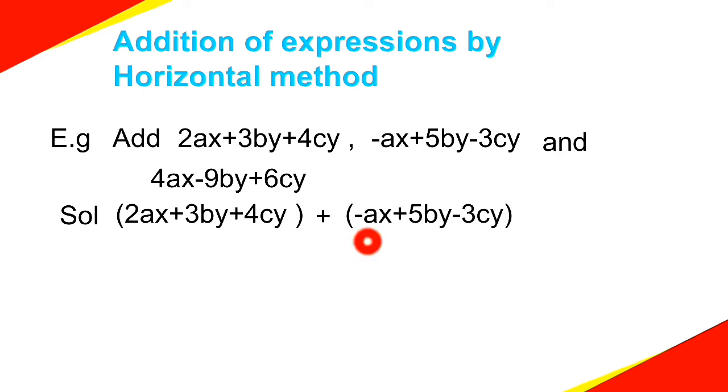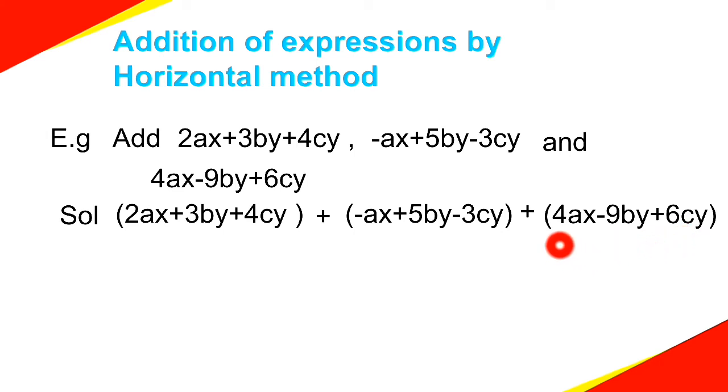The next one is open bracket, minus ax plus 5by minus 3cy. Close the bracket. Here you can see minus ax is a term, 5by is a term, 3cy is a term. Now these three terms are separated by the symbol plus and minus. Plus, open bracket, 4ax minus 9by plus 6cy. 4ax is a term, 9by is a term, 6cy is a term.